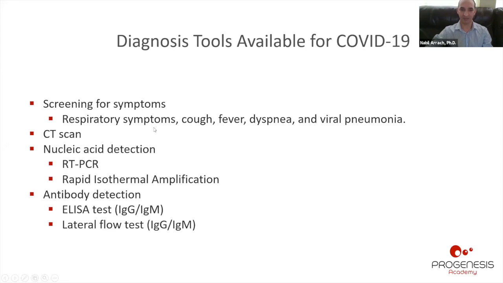On the molecular side, you have nucleic acid detection, which is RT-PCR, or you have rapid isothermal amplification. Both are part of the nucleic acid detection approach. Then you have the antibody tests: the lateral flow test, which is the rapid test, and the conventional test, which is the ELISA test.